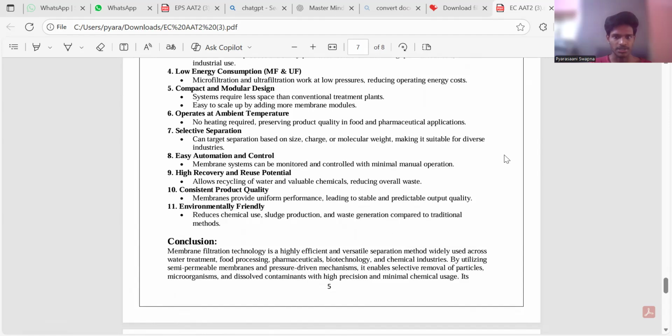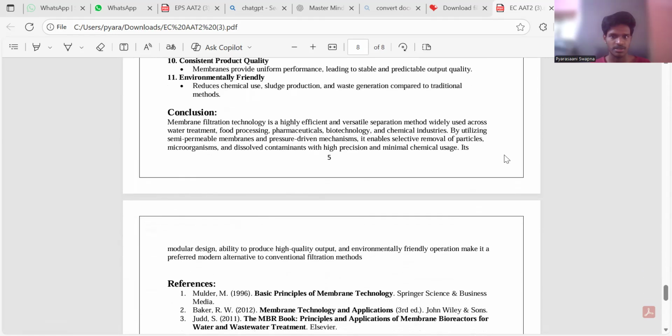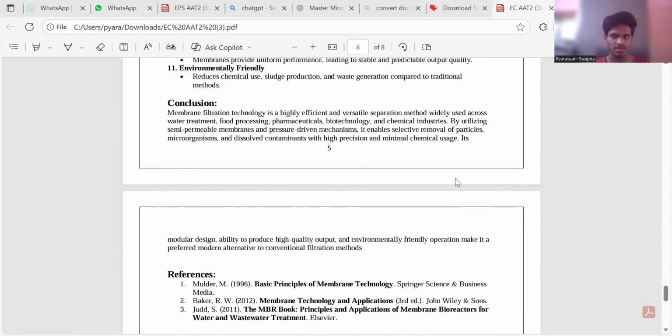Membrane filtration technology is a highly efficient and versatile separation method widely used across water treatment, food processing, pharmaceutical, biotechnology, and chemical industries. By utilizing a semi-permeable membrane and pressure-driven mechanisms, it enables selective removal of particles, microorganisms, and dissolved contaminants with high precision and minimal chemical usage.